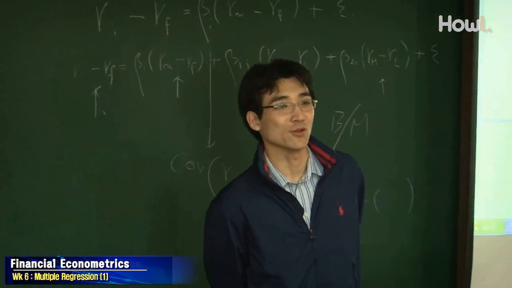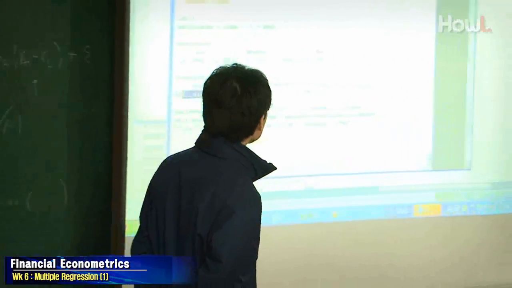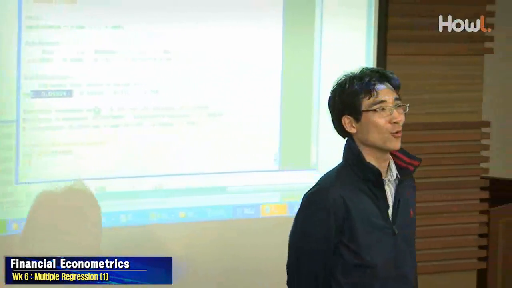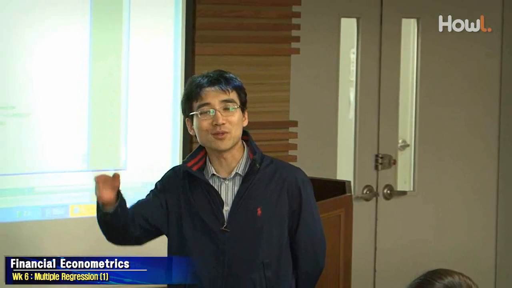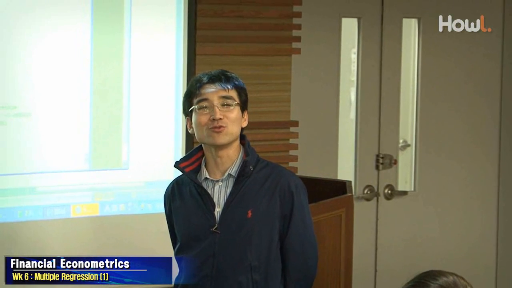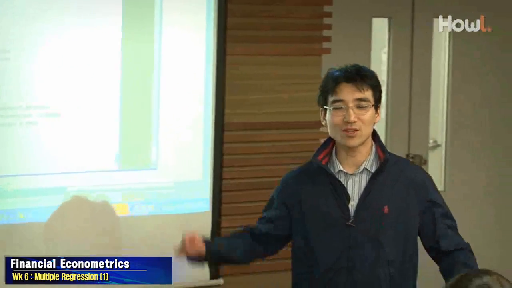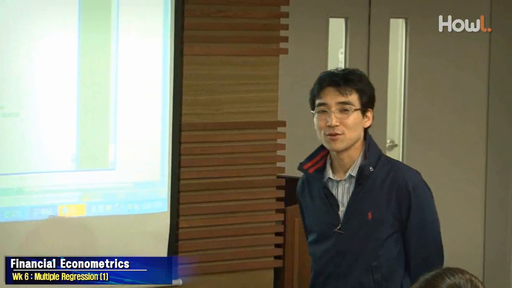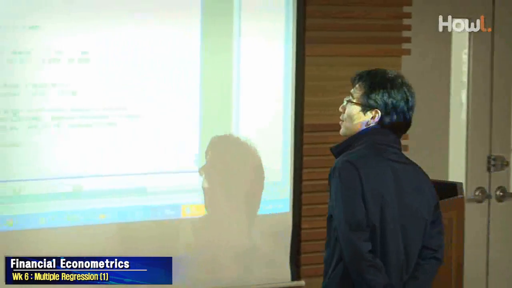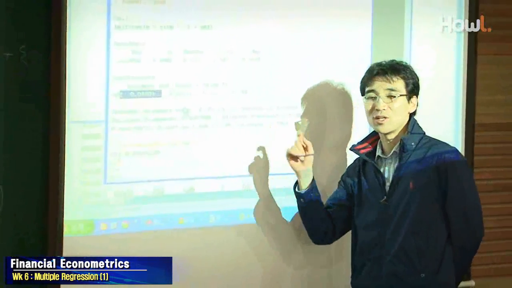In that case, if the z-value is like 1.96, something like that, it is 95%, and if it is like 2.33, something like that, it is 99%. The t-distribution has thicker tails than the normal distribution. But anyway, the critical value of t depends on the degree of freedom.